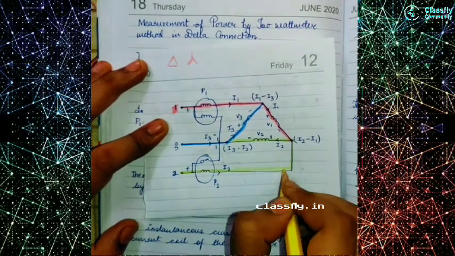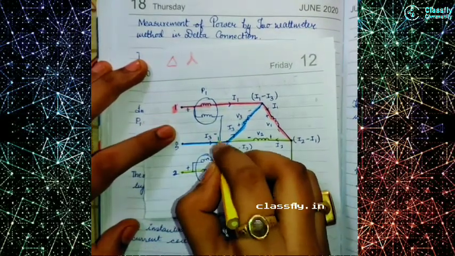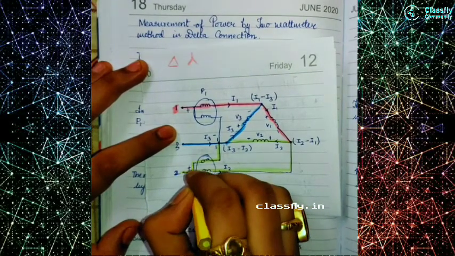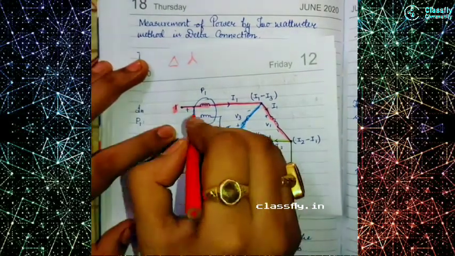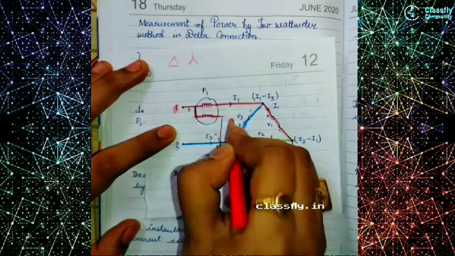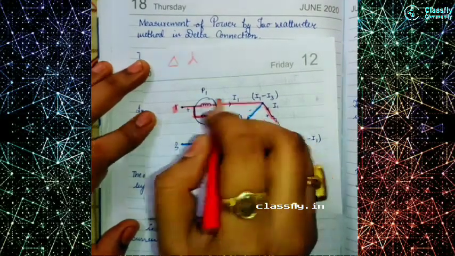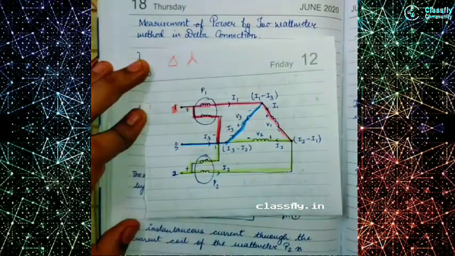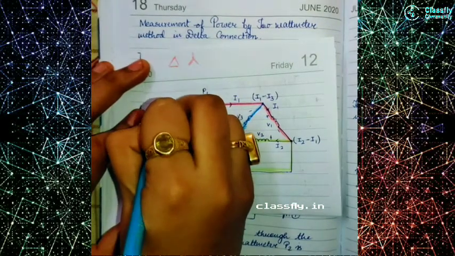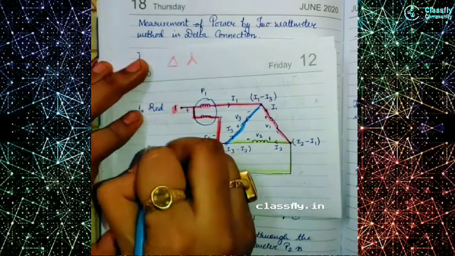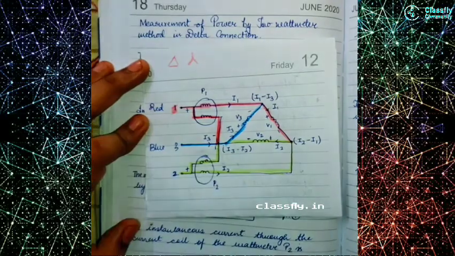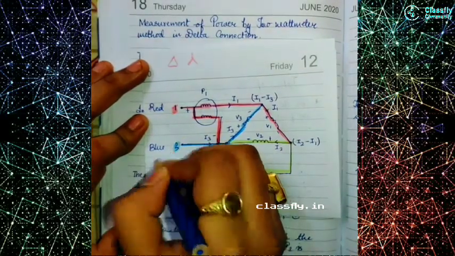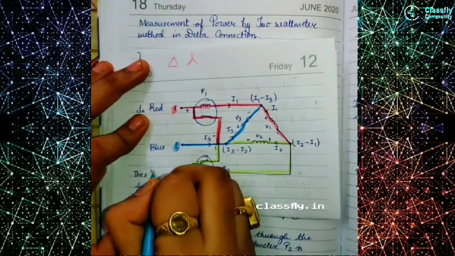We are left over with 2 parts, so this will be colored with yellow and the upper one will be colored with red. Here the first color is denoting red, the third color is denoting blue, and the second is denoting yellow.